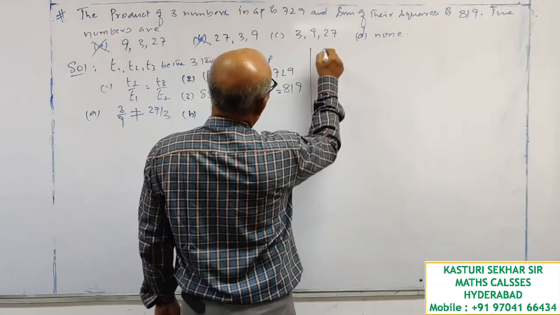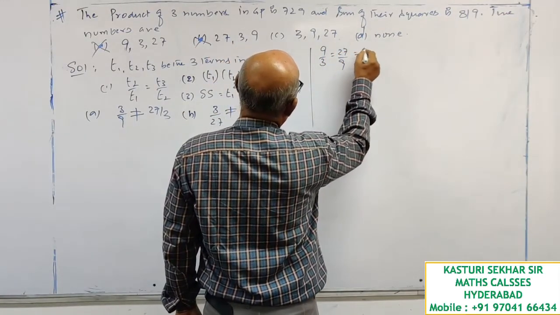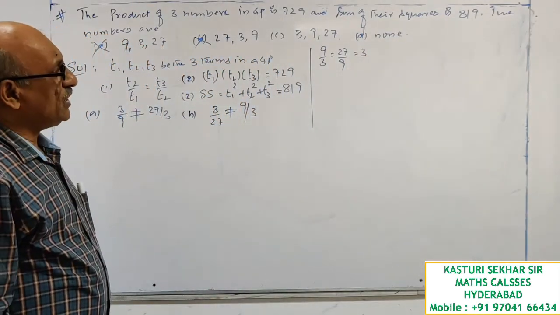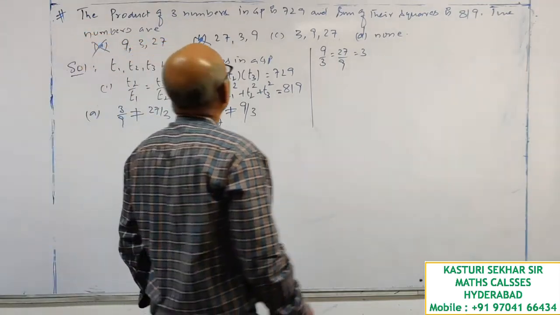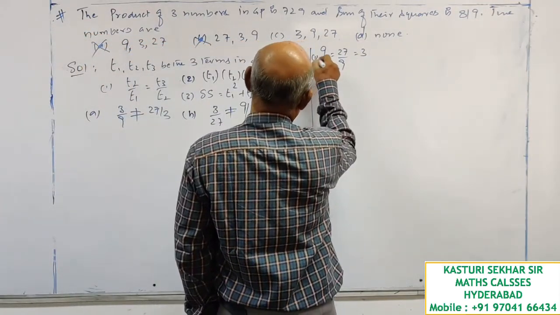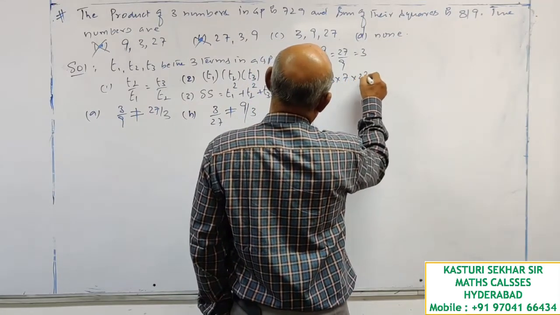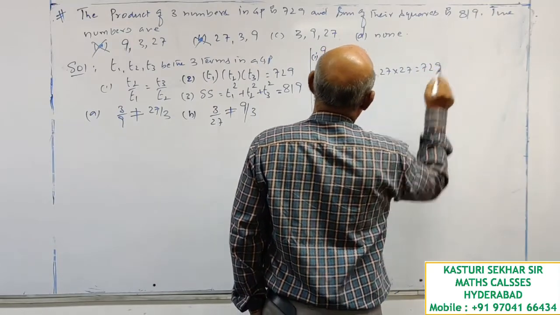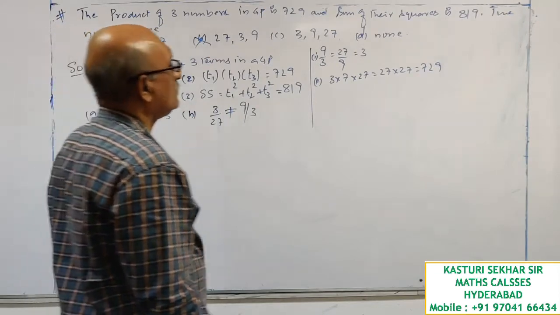Option C. 9 by 3 is equal to 27 by 9 is equal to 3. The first condition is satisfied. Next, the product: 3 into 9 into 27 is 729. Second condition also satisfied.